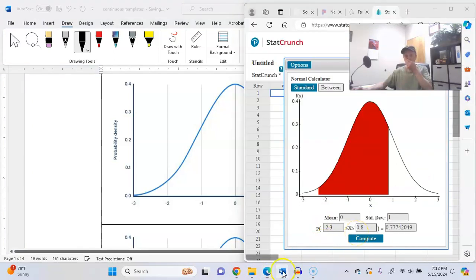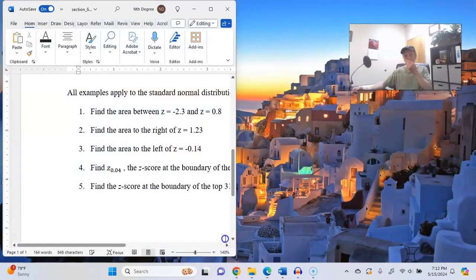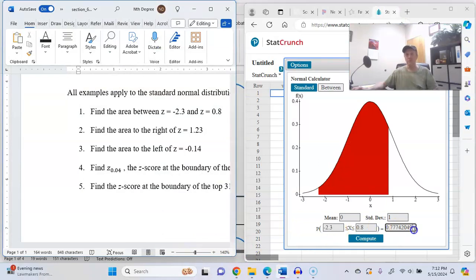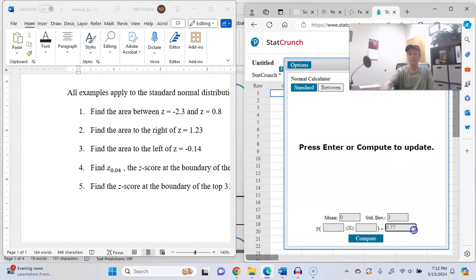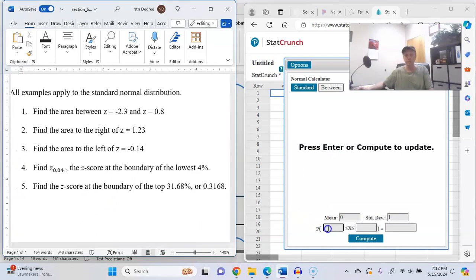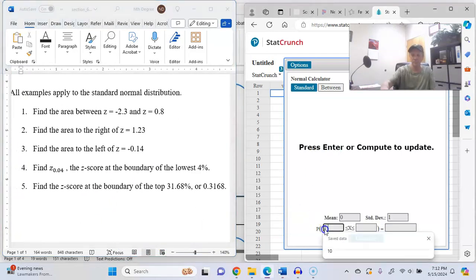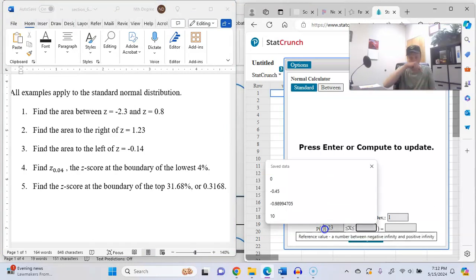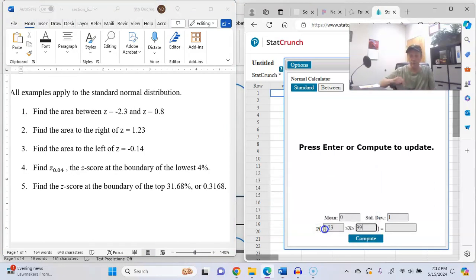So we are going to clear the area because that's what they're asking us for. And then we're going to type in our minimum of 1.23 and our maximum of infinity, which we're representing with a really big number like 99.